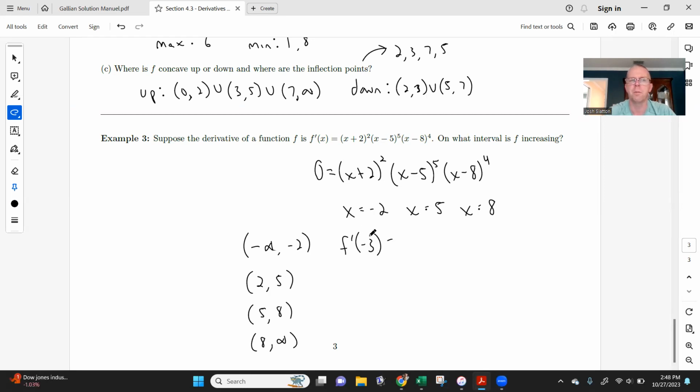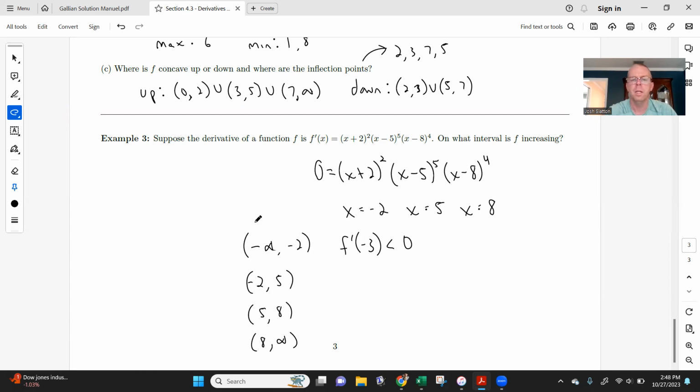F prime of -3. So you plug in -3, -3 minus 5 is -8, -8 to the 5th. Who knows what that is, but it's going to be negative. Doesn't really matter what it is. All we're worried about is if it's positive or negative. Oh, that should be -2.